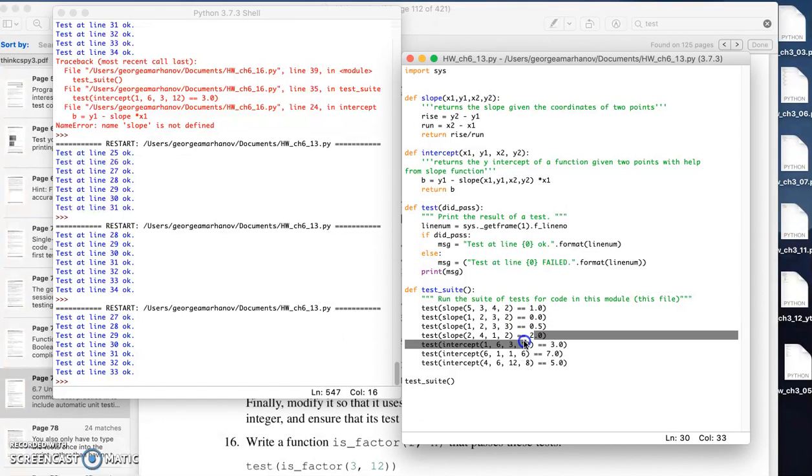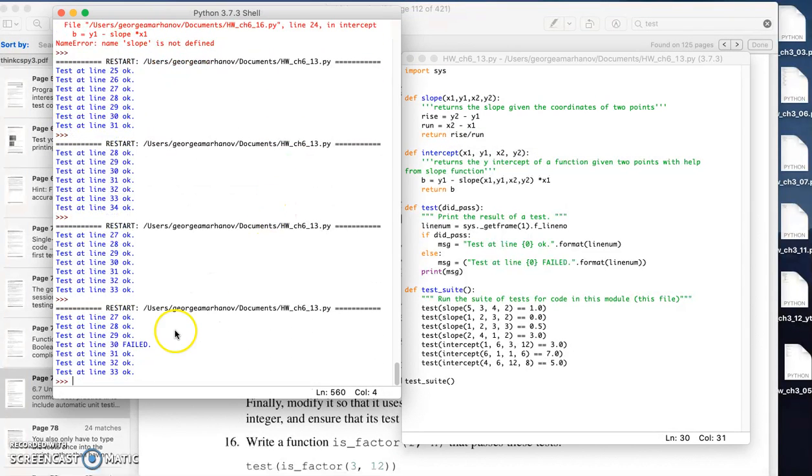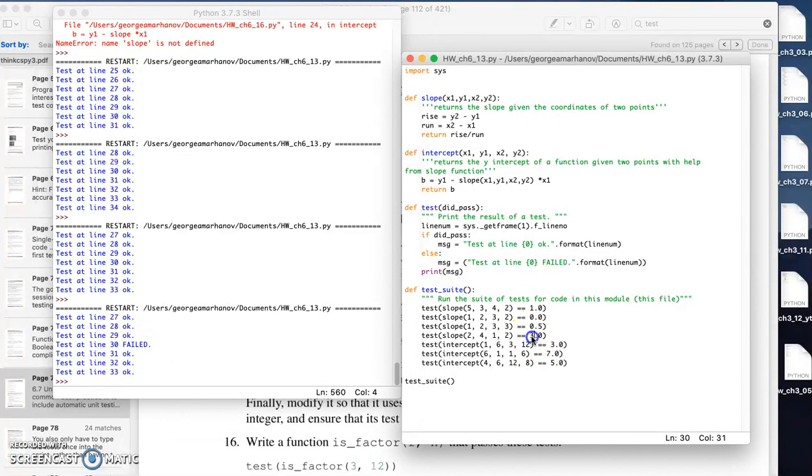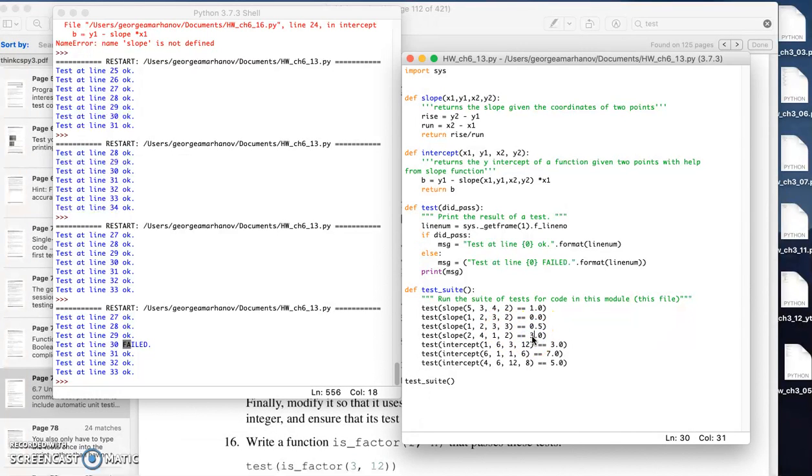Let me show you that too. See, I changed that to 3.0, and we know that's not the truth if you worked out the math. It would be telling me that line 30 is a failure, and that would help me debug my code. So I'm going to change it back real quick.